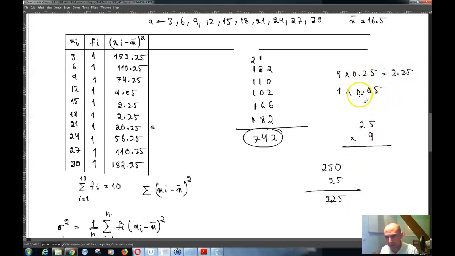And this is 0.05. Add them together and you'll get 2.3. So that's 744 actually, and this number is 744.3.